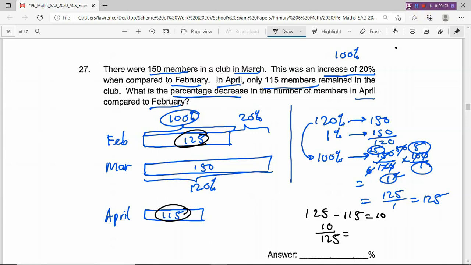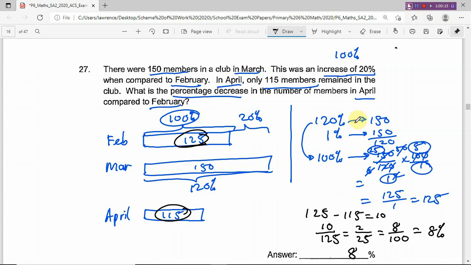Let's make the denominator 100. So I divide by 5 and divide by 5, and then later I times 4: 25 times 4, and 2 times 4. Once the denominator is 100, how many percent decrease? Answer, 8% decrease. So that's how you get 8%.